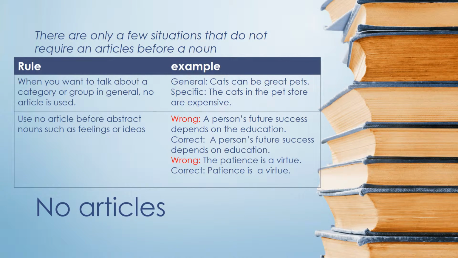Now, along with using indefinite and definite articles, there are occasions when you do not require articles before a noun. When you want to talk about a category or group in general, no article is used.